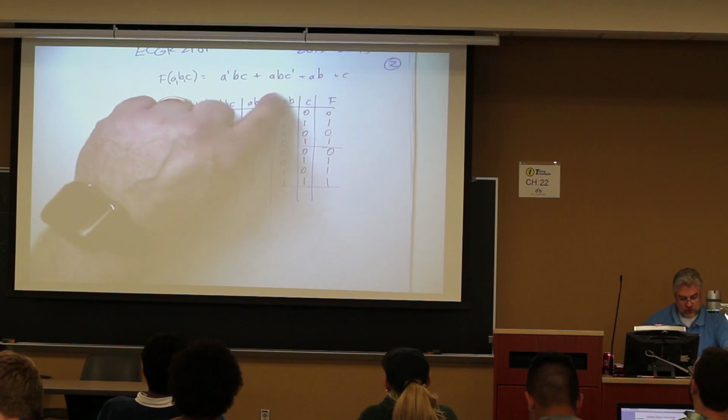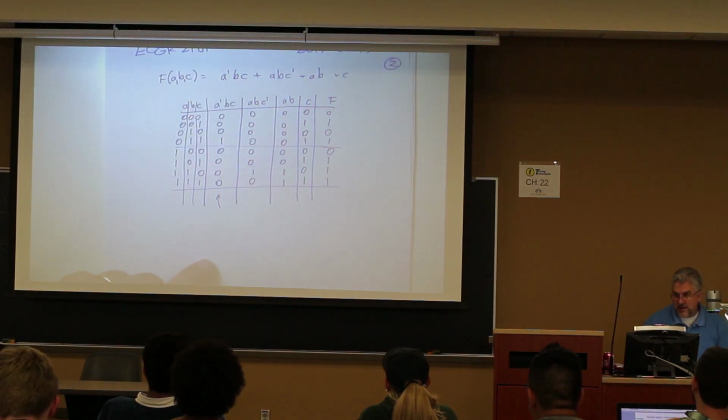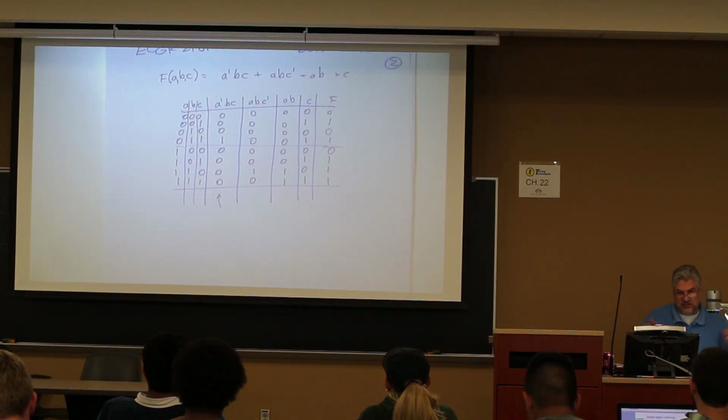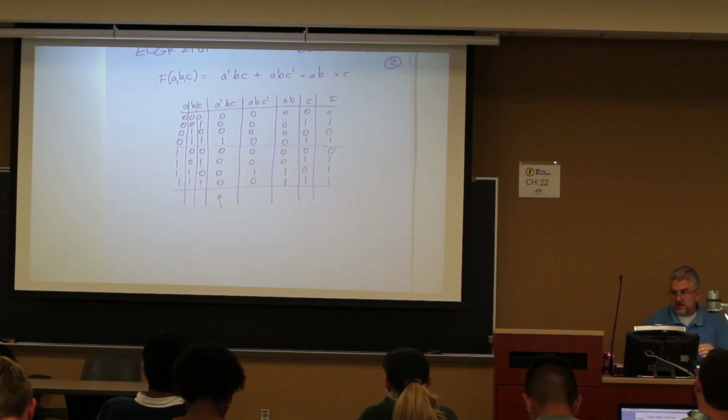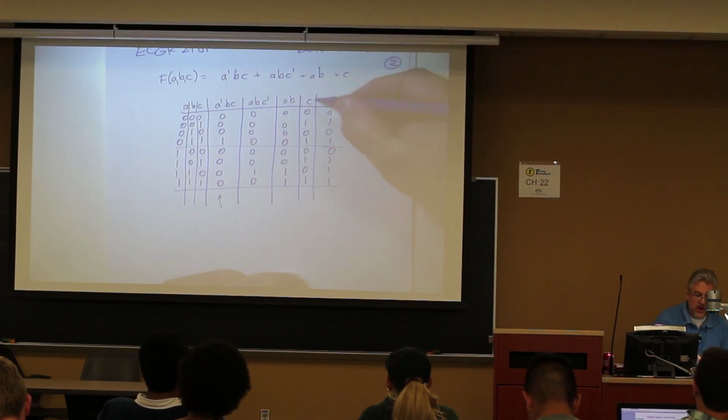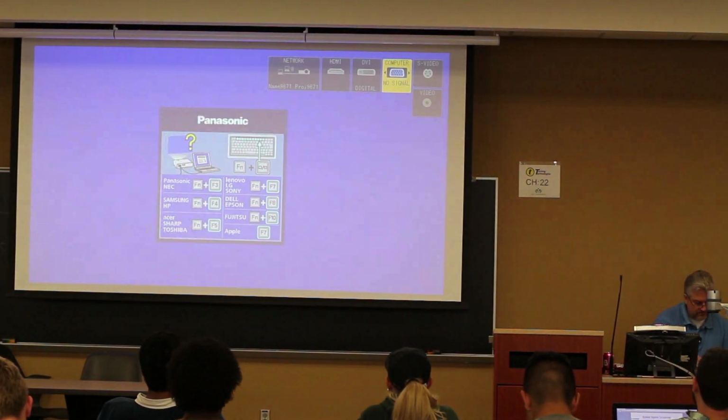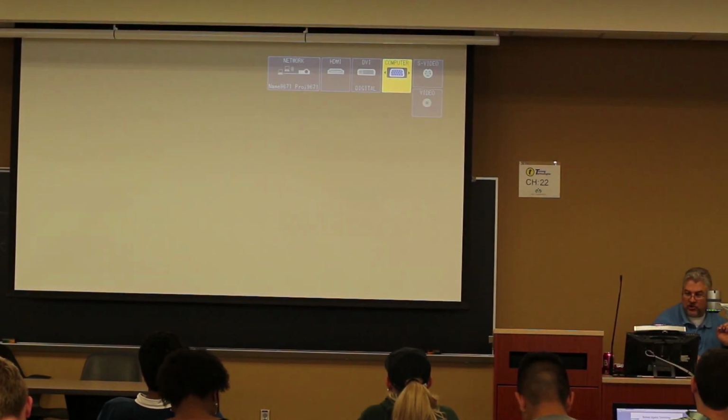But now we have 2 possible inputs, so it doesn't matter what C is. We're just going to make sure that A and B are both 1s. So in this case, 2 of the 8 possibilities will be 1.